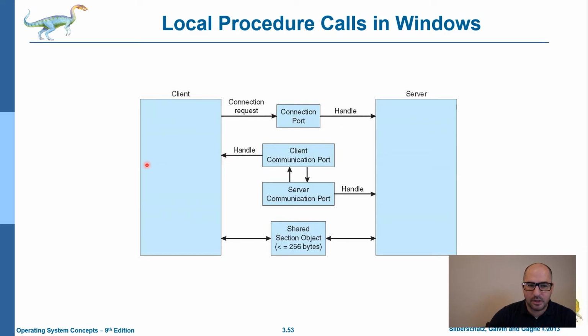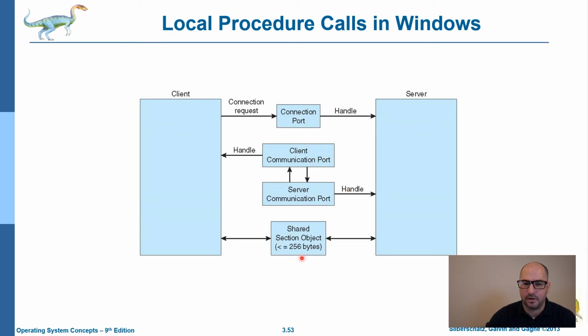Once that link is established, the server returns a handle to the client that gets it to the server side of the communication link, and it already has the client communication link in the connection port request, and this is where messages are passed.